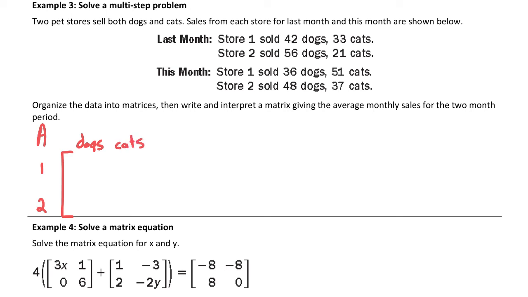So the first matrix would be 42 and 56. Dogs sold from store 1 in this month, 42, from store 2, 56. And then cats, 33 for store 1 in this month, and then 21 for store 2 in that month.